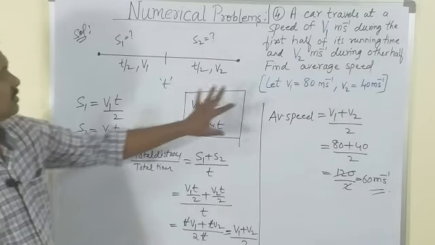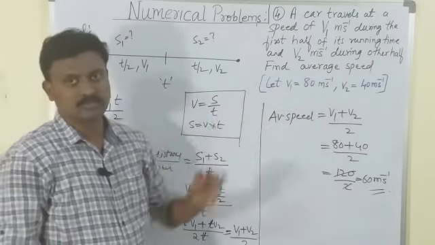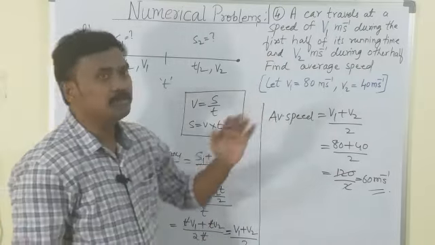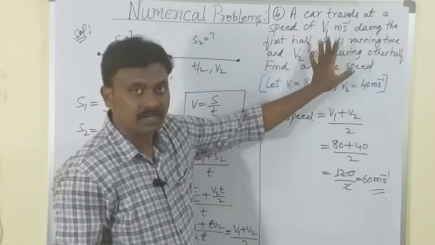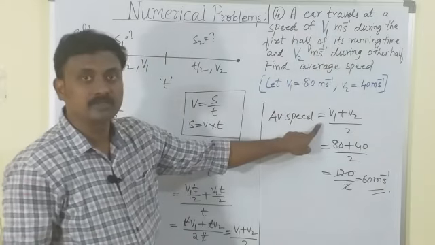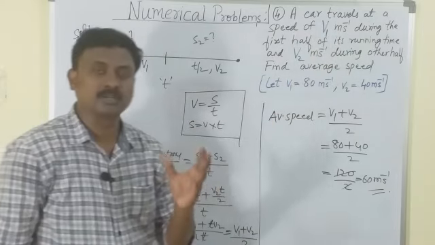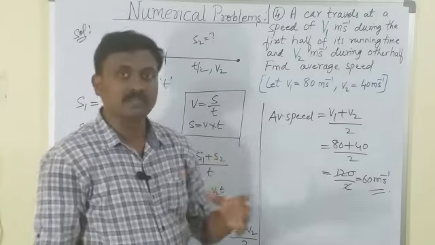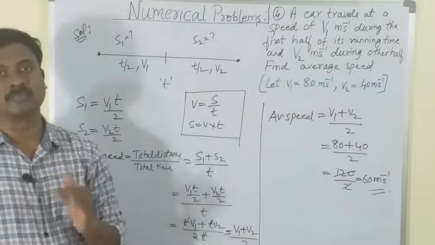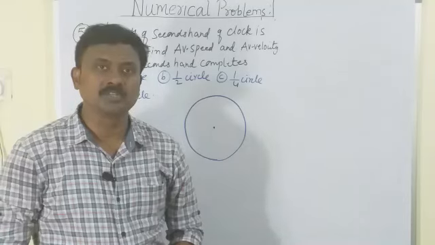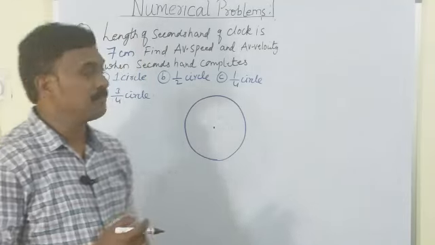So these are the two important problems through which we are getting two important formulae. Whenever they talk about half of the running time, the formula is v1 plus v2 by 2. Whenever they talk about the first half of the distance, then the formula is 2v1 v2 by v1 plus v2.